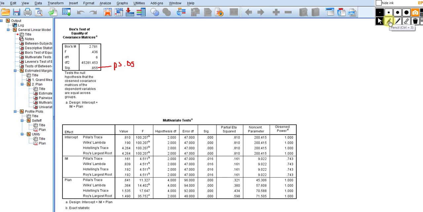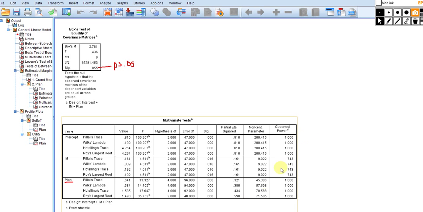So at any rate, based on what we see right here, we would assume that yes, the assumption appears to be met. So that leads us to feel more confident in our interpretations concerning the effect of our plan variable on the set of dependent variables. So you have the effect of plan.